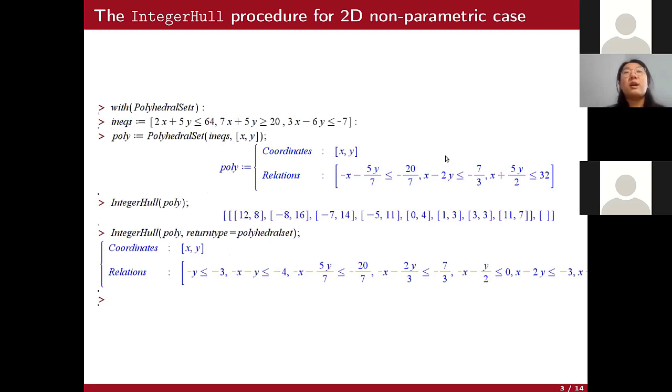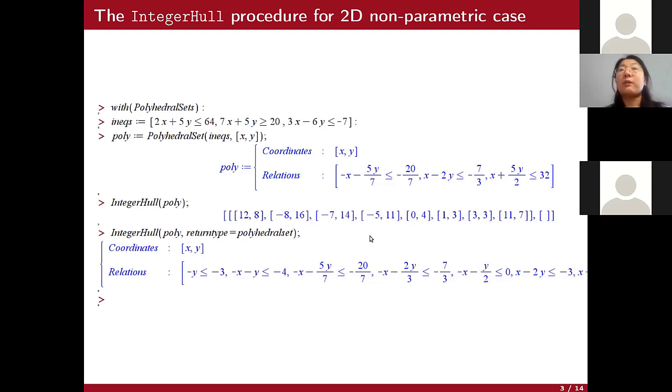Here is the interface of the command that we submit, called the integer hull command. The input is a polyhedral set object, because it's in the polyhedral sets package. You give a polyhedral set and call our command, and by default we give you the integer hull in the V representation, which means the vertices list and the ray list. The ray list describes an unbounded polyhedral set; for this bounded one, the ray list is empty.